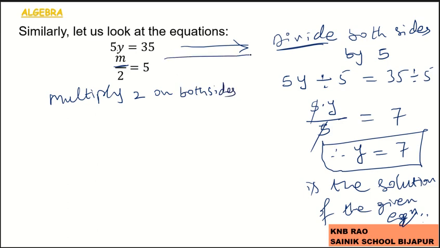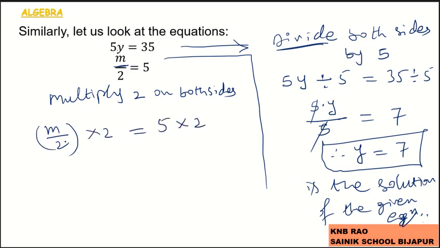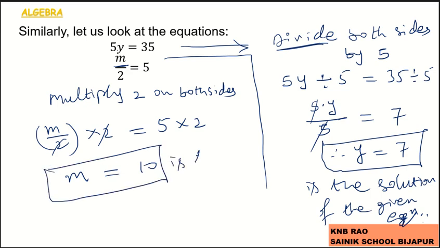The moment I multiply by 2, m divided by 2 into 2 equals 5 into 2, this 2 gets eliminated, then only the variable m is left on the left hand side. Thus m equals 5 twos are 10, which becomes the solution.